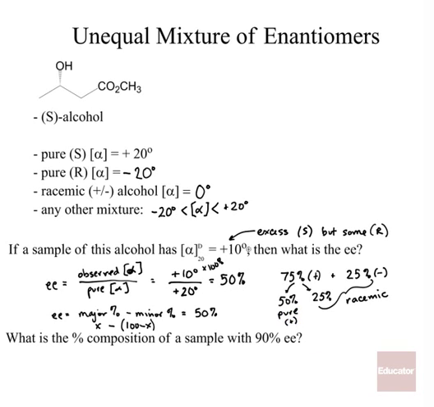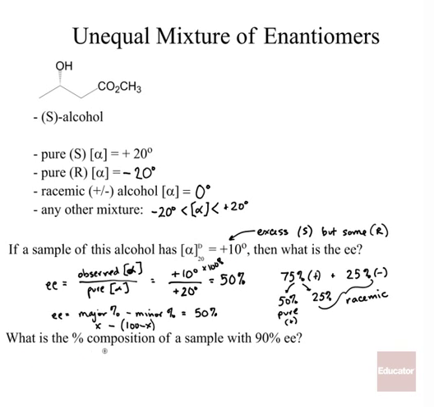So that's why our optical rotation is only half of what we're expecting, because of the entire sample. Let's say we have a 100-gram sample, only 50% of it is the pure plus that's going to be giving the optical rotation. The other 50% of it is a racemic mixture that has no optical rotation. So I just want to give you a feel for how to work with the EEs.